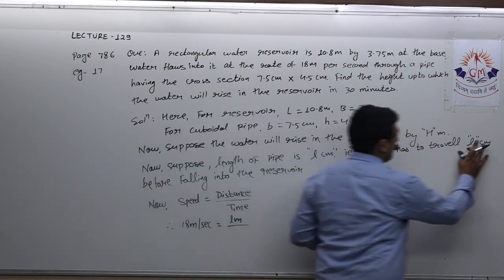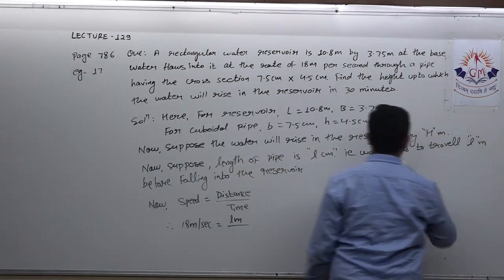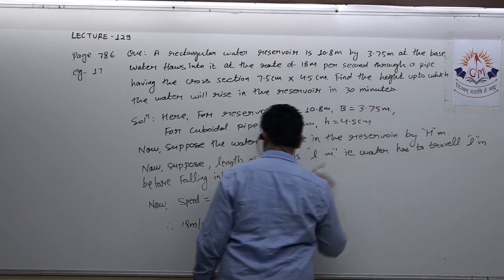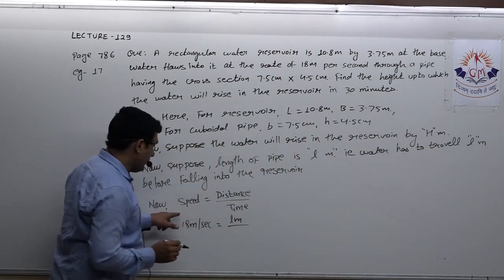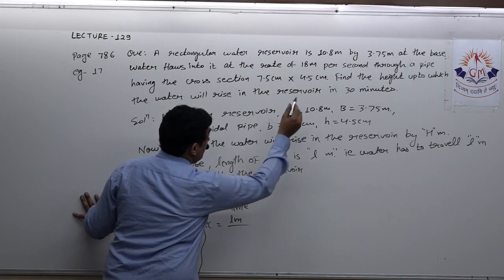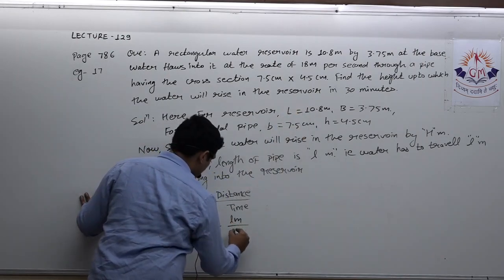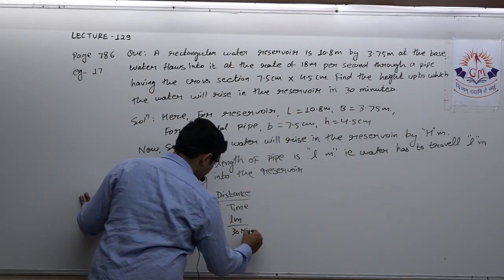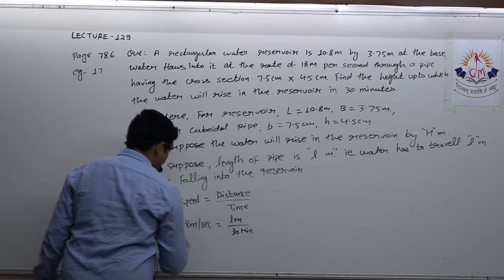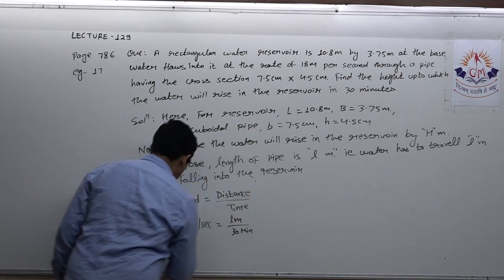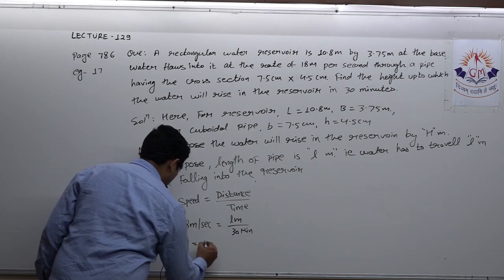Here I am taking L meters because the speed is in meters per second, and time is 30 minutes. So with the help of this I'll be able to get L.